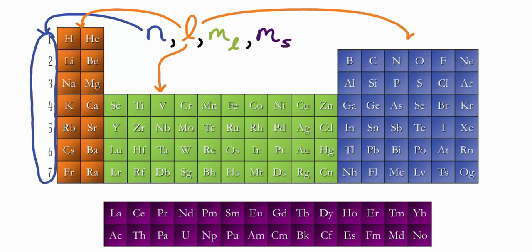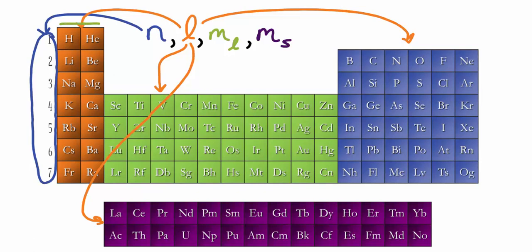The reason for these letters will come up later on, but really we're just stuck with them. So the s section is the first two columns, the p section is the last six columns, the d section is the middle transitional metals where we've got 10 columns, and the inner transitional metals, the 14 columns at the bottom, will make up the f section.